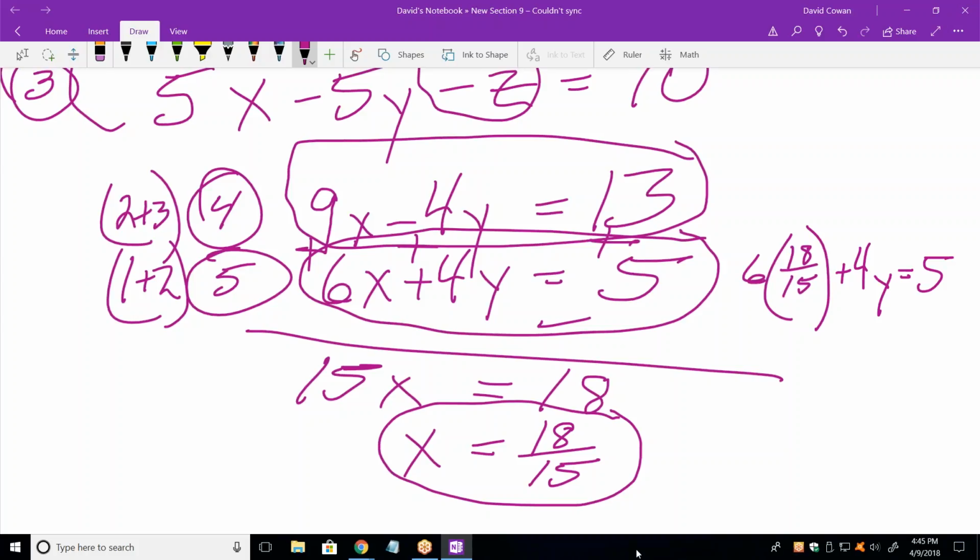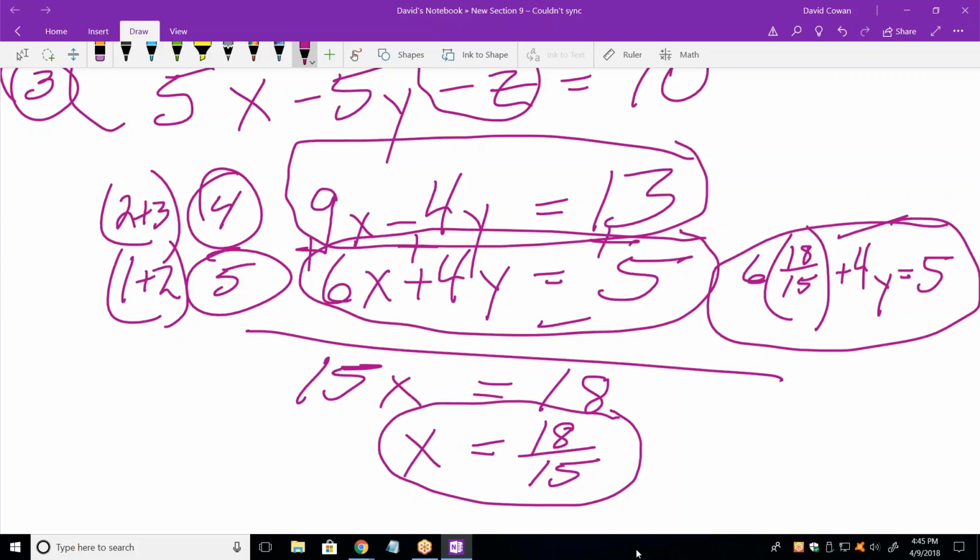I only wrote it over here just because I needed space for writing. The fact is that now you can see that you have one equation and one unknown. And since I made this up off the top of my head, we've got complicated fractions. I didn't really want that. It's not helpful.